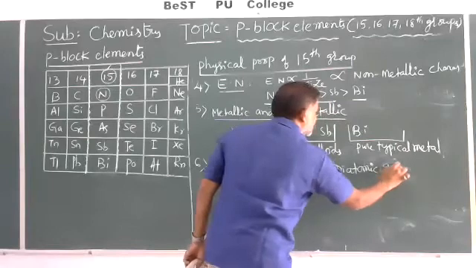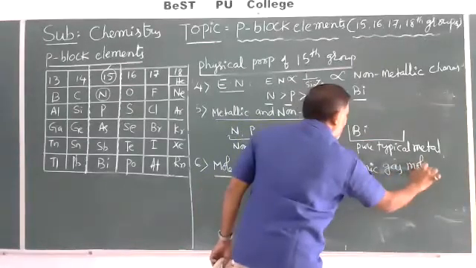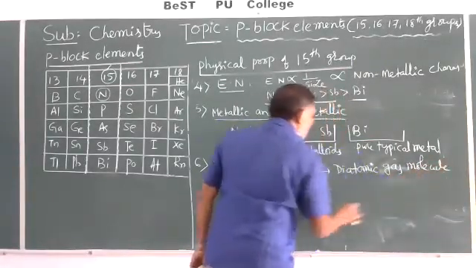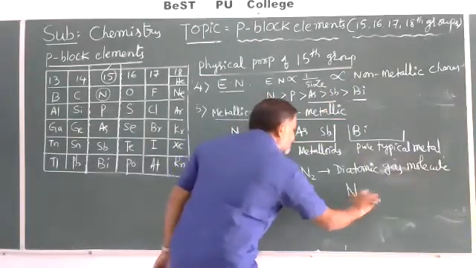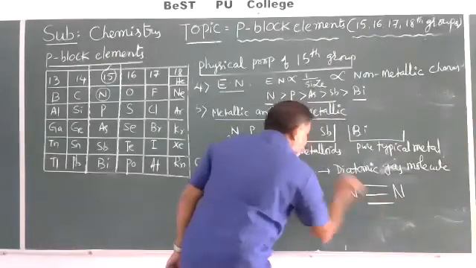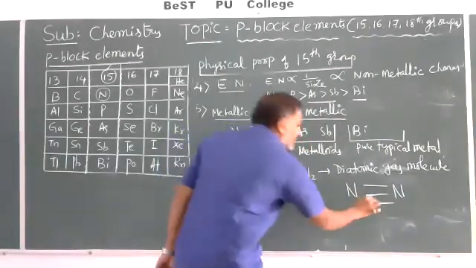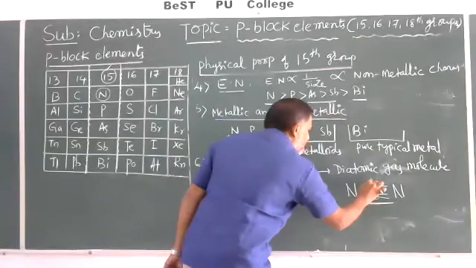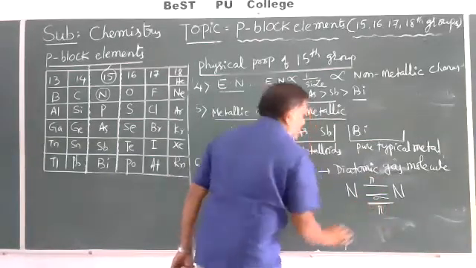Between the nitrogen atoms there exists a triple bond. Among this triple bond, one is a sigma bond and the remaining two are pi bonds.